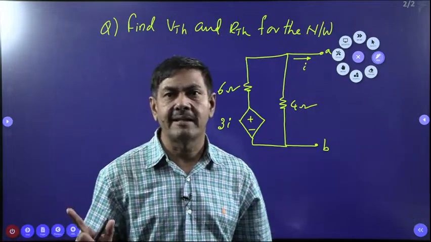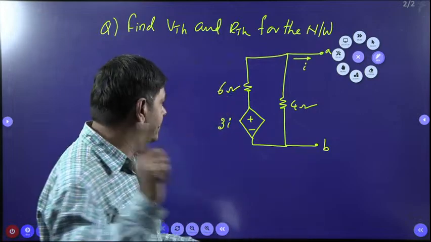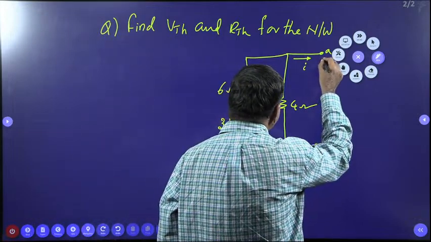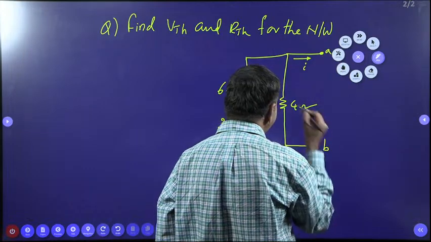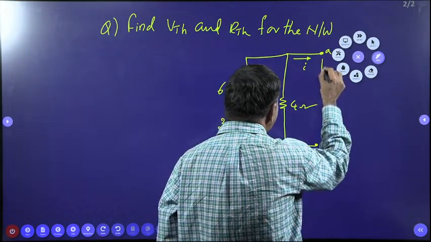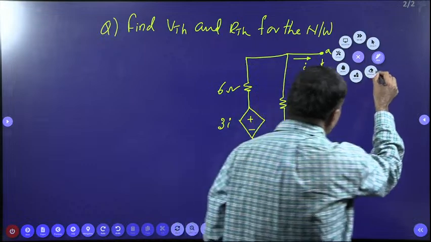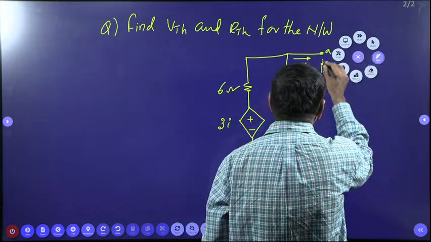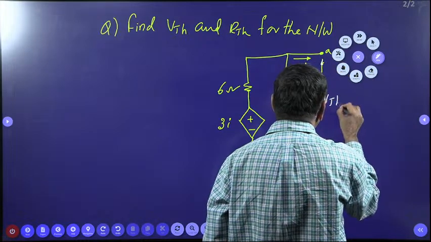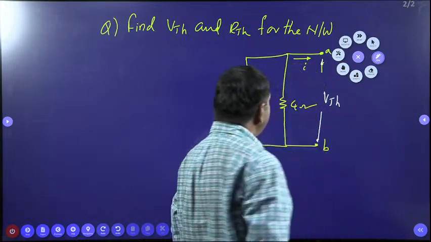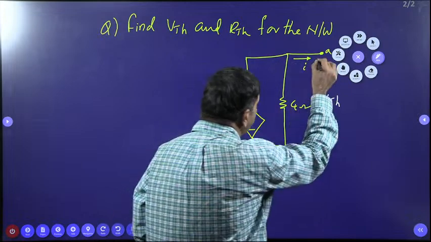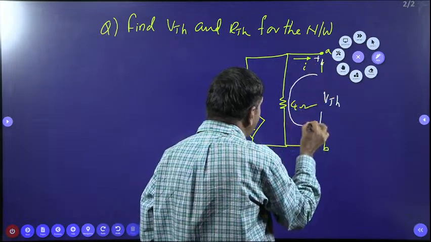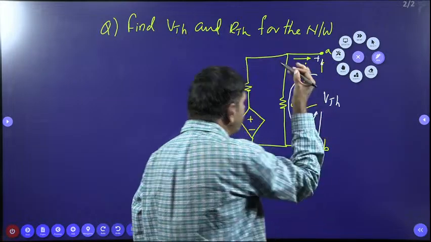Sir, blindly I cannot put it, you explain. Yes, very good, you watch. VTH is nothing but the voltage across AB. This voltage I can call VTH. If you wish to find the VTH, you put the polarity plus and minus, and when you apply KVL in this path, you will get VTH.